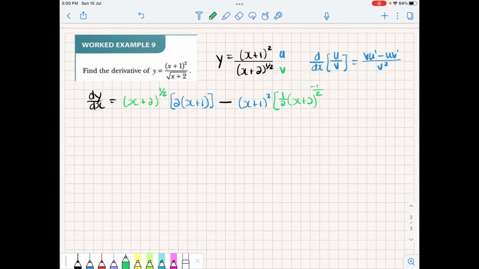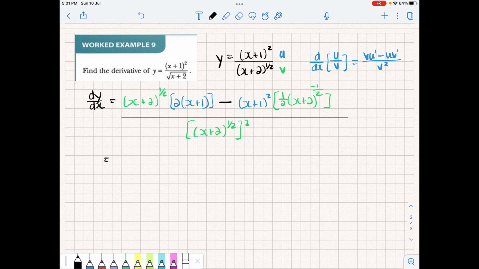Then I multiply by the derivative of the inside, which happens to be 1. And all of this is over the denominator squared, so we have (x + 2) to the power of a half, all squared.